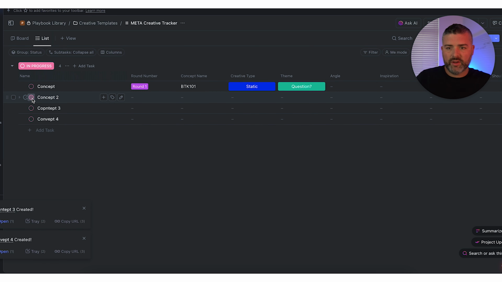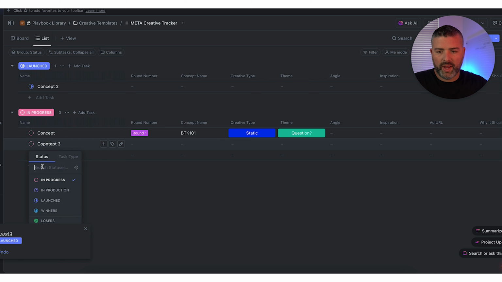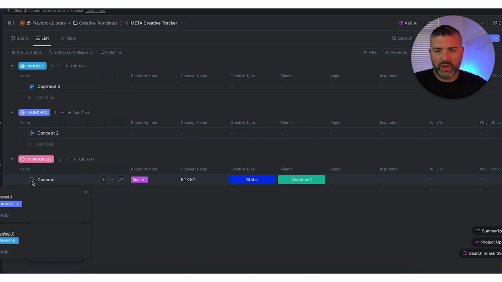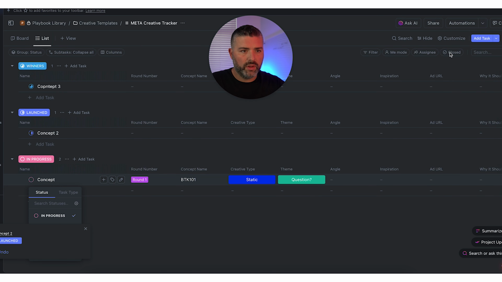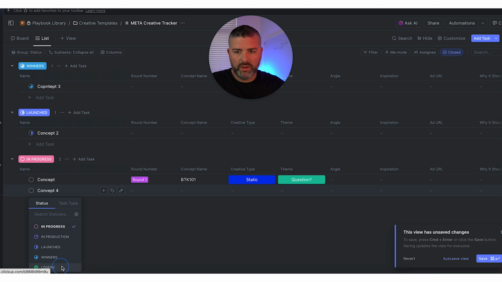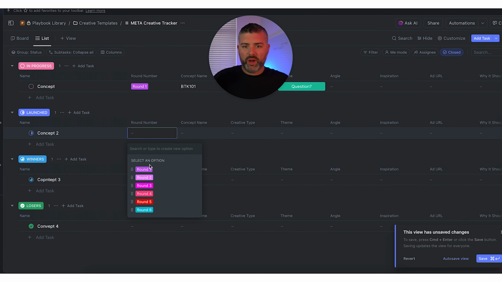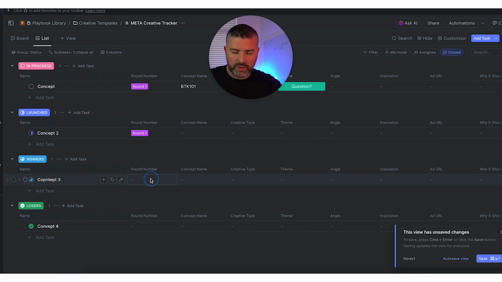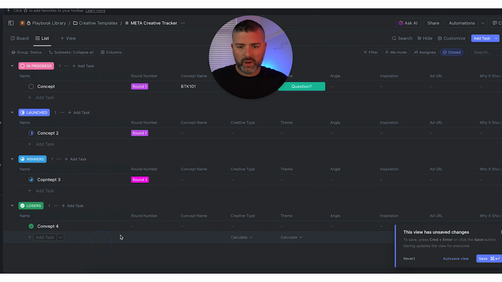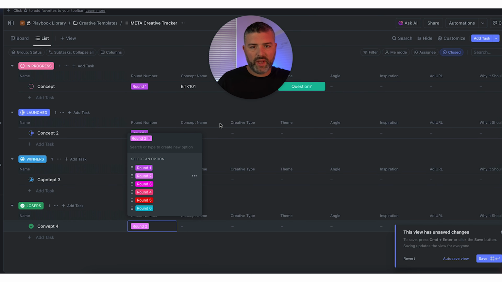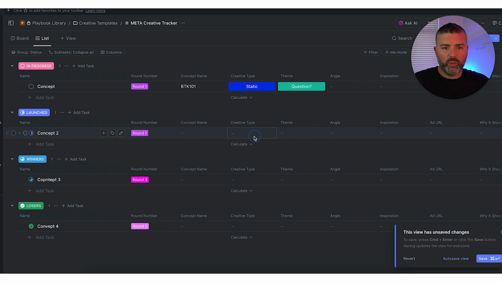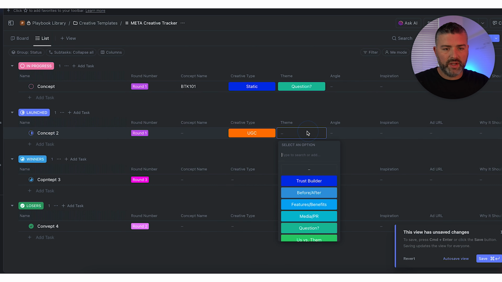And in this, we have launched, we have winner, and we have show closed, and we have losers, in descending order. So every single month, we are creating a multitude of different creative assets for our clients. And what you can see here is we have them all selected, and then we have the creative type, so UGC, and the theme, which can be trust builder.